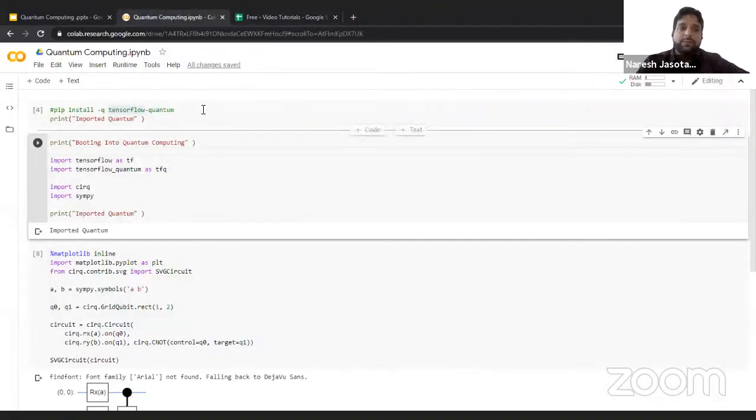Coming back to quantum computing, if you are familiar with notebooks, Python notebooks, Jupyter notebooks, this is what it is. It's a Jupyter notebook, which is a development environment for Python available on Google.